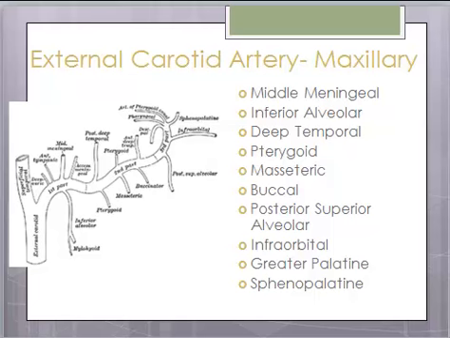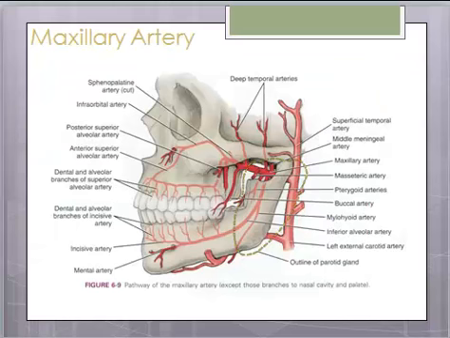I bet there are some muscles going there. The posterior superior alveolar, the infraorbital, the greater palatine. I bet those are some maxillary teeth. And the sphenopalatine, I bet that's the palate. Let's take a look.